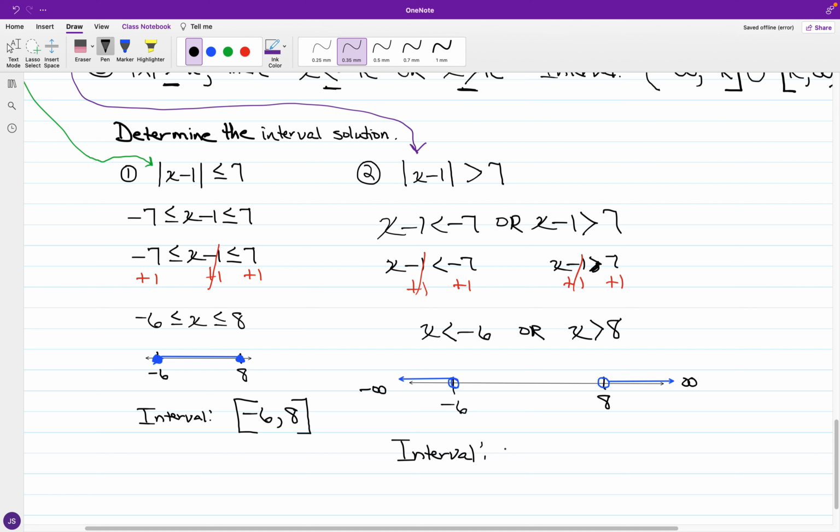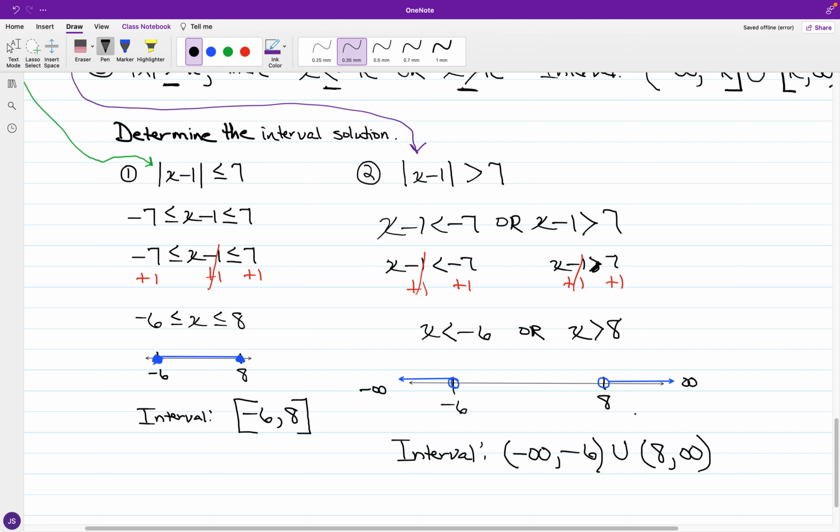At the lower end, we're looking at from negative infinity approaching, but not including negative 6. And at the upper end, for those values of x greater than 8, we have parentheses around 8 and infinity. And so that will be the solution in this particular case.